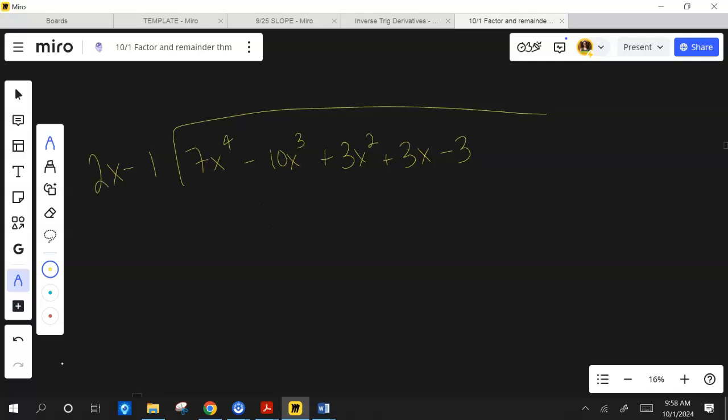The one on the top was. Why? Oh. 5x to the third.